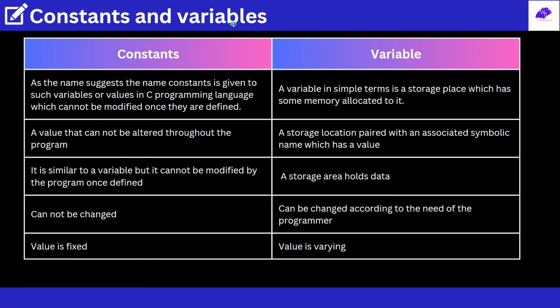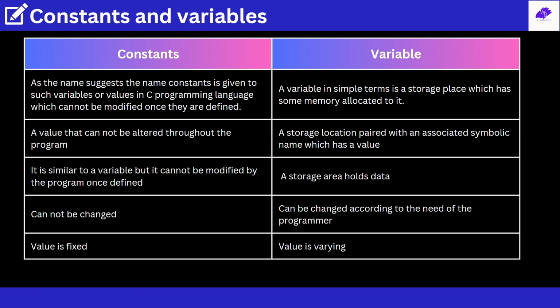Let's discuss this topic by differentiating both, because there are some similarities between them. First is constant. A constant's value can't be changed during the functions. Next is a variable. A variable in simple terms is a storage place which has some memory allocated to it.